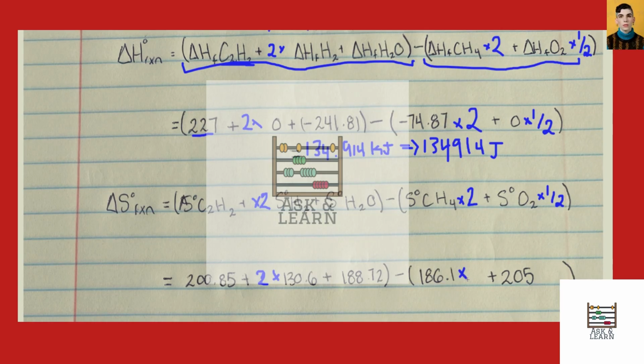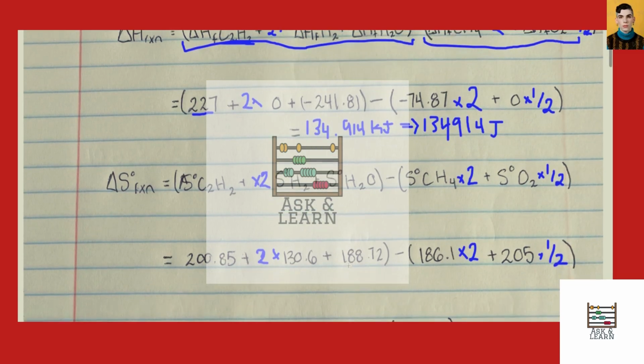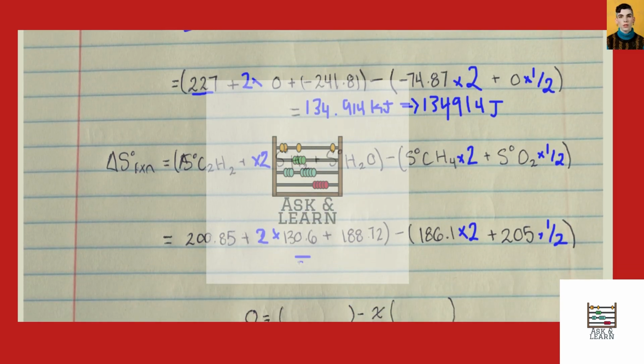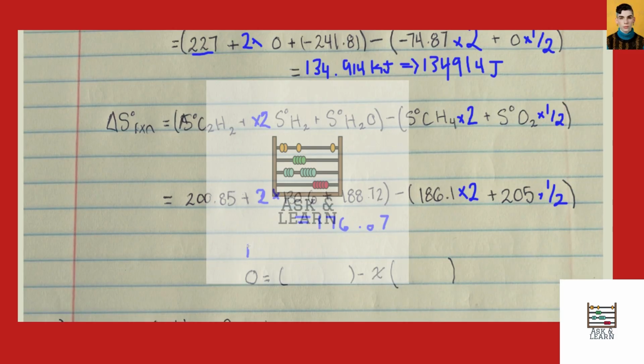If you want to pause the video and do that calculation really quick, you should get a standard entropy of 176.07 joules.